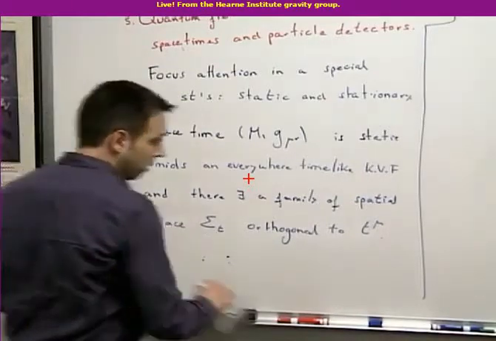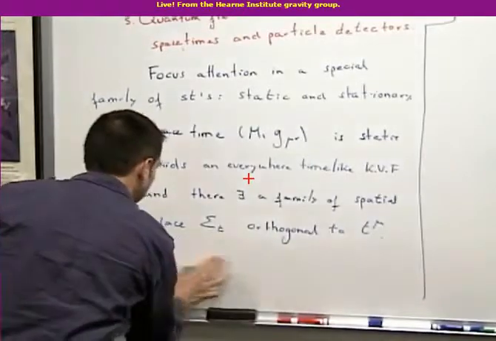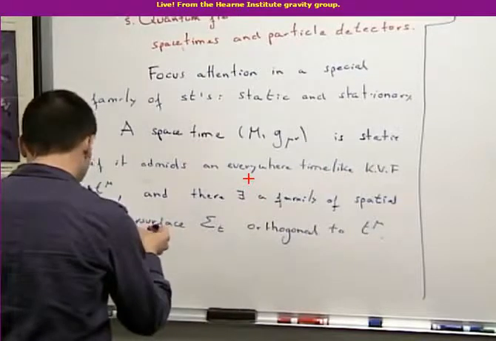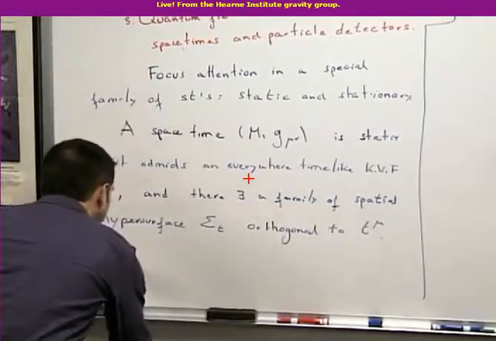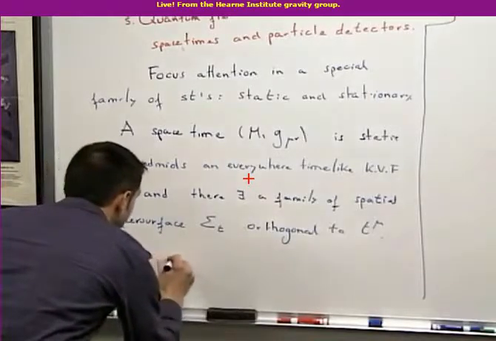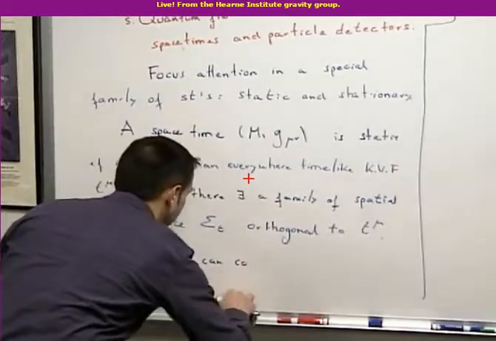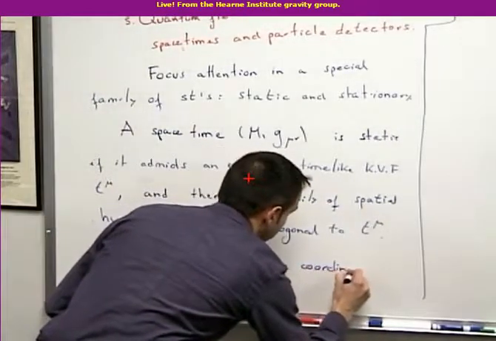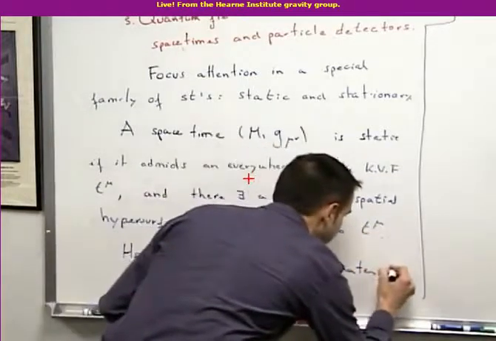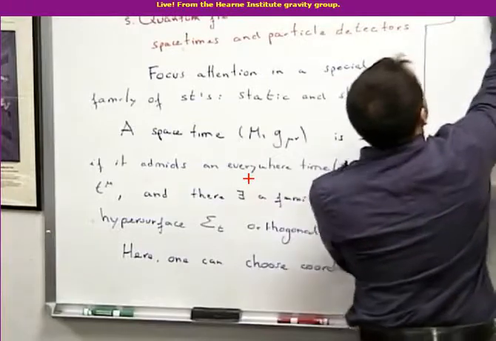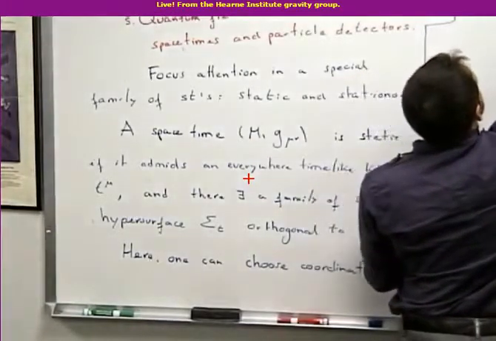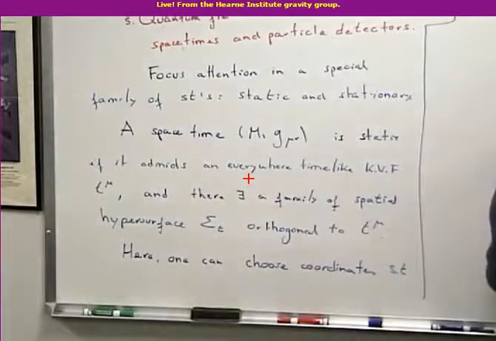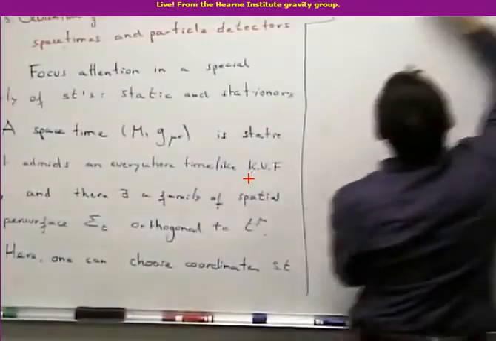Here, one can choose coordinates, at least locally, such that the time coordinate, let me call it t, runs along the Killing trajectories.